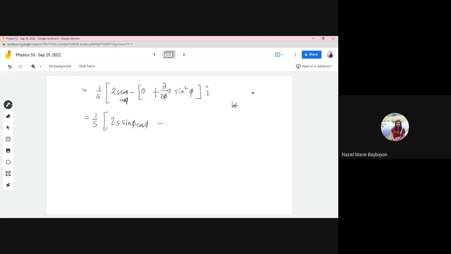Unsay derivative sa sine squared theta with respect to theta? Mag-let u man ta, derivative of sine squared theta.